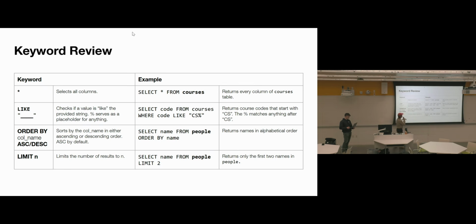And so that's the like keyword. Order by, and then you have ascending, descending, but you really would only ever use descending. Otherwise, ascending is just the default. You can order your entries and let them be alphabetical, either in ascending order or descending order. And then you could also limit how many of those you return if there are multiple matches.